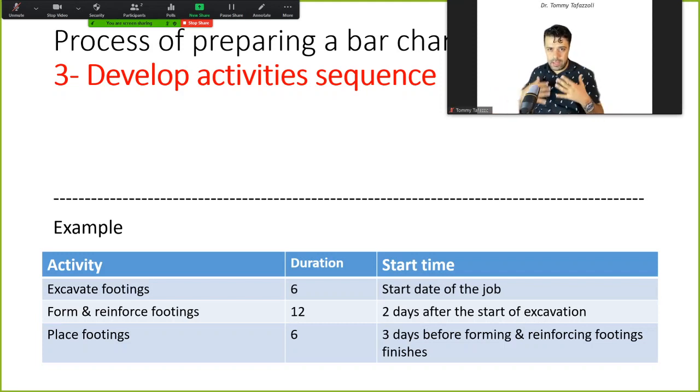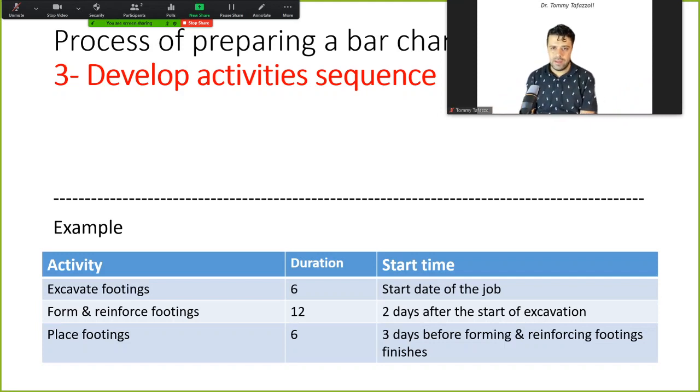In that case, you could identify different phases or stages, and you don't have to wait. The team who form and reinforce footing can get started on one side while the excavation is still happening on the other side.